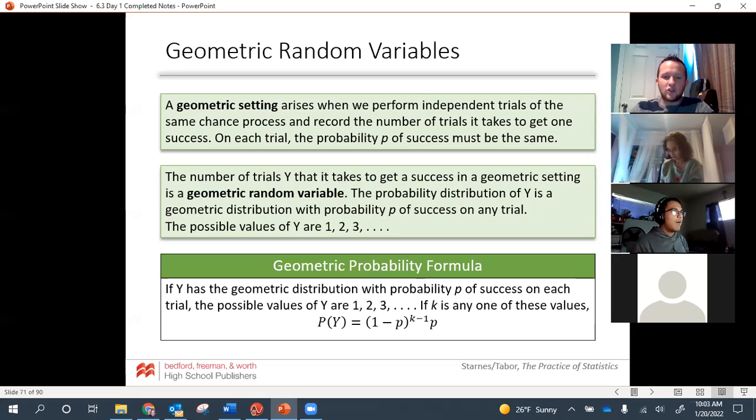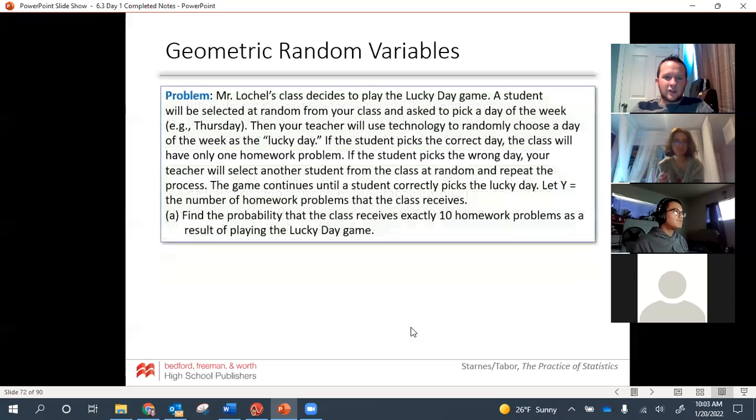I could figure it out using this formula. 1 minus p is the probability of you failing, right? And p is the probability of you making it. And you are going to fail until you make it. Let me do an example and it'll make more sense.